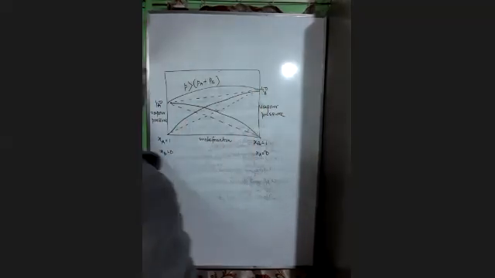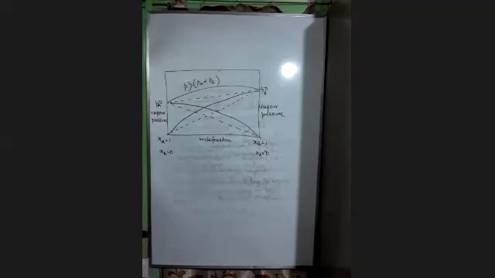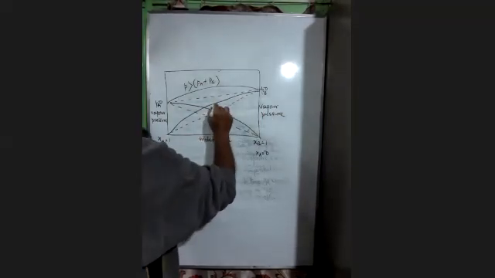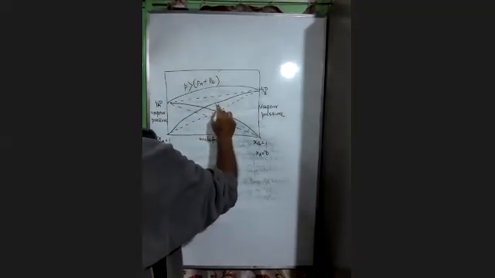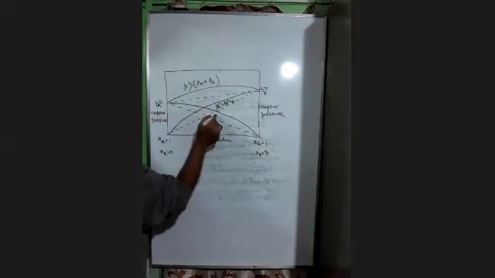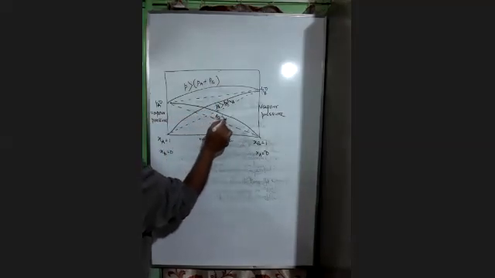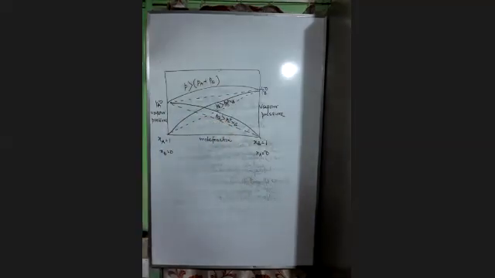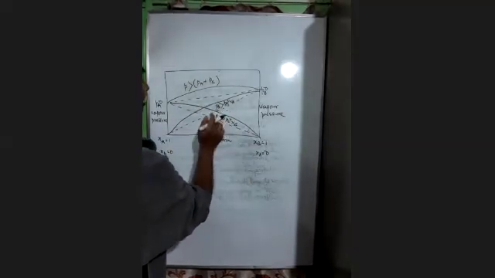And here you will find PA is greater than PA0 and this is PB is greater than PB0. No. Last time I made the same mistake.